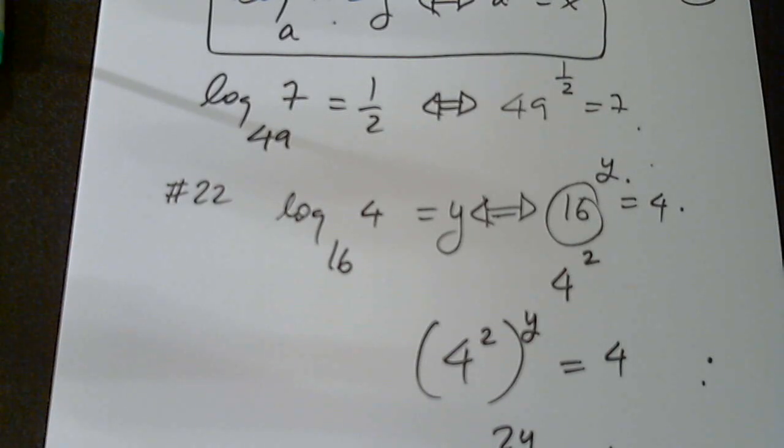What has to happen? The exponents have to equal each other. So 2y has to equal 1. So y equals 1/2.